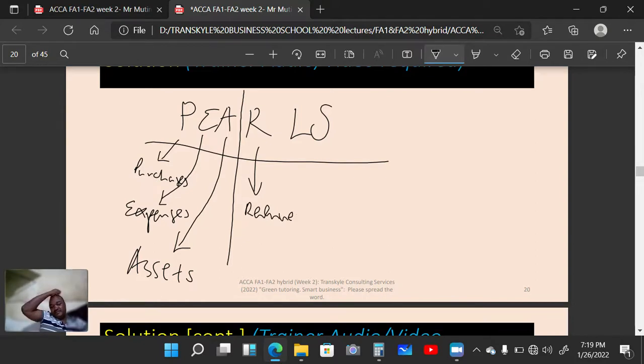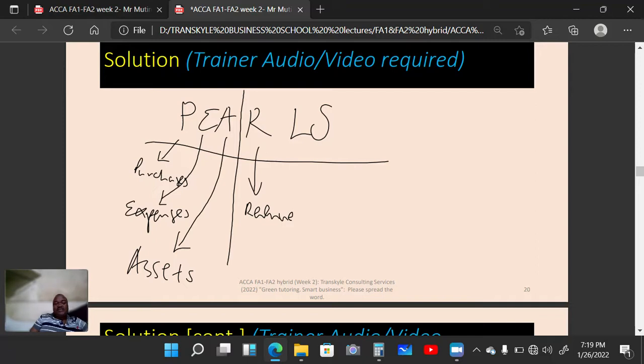I know I call it revenue, but sometimes retained earnings, or the profit retained. You will understand this term, retained earnings, as you progress with your studies.